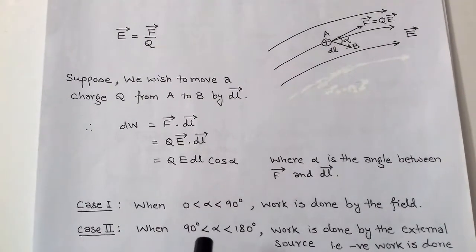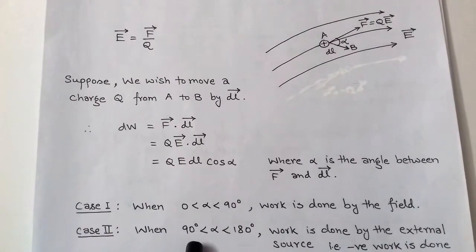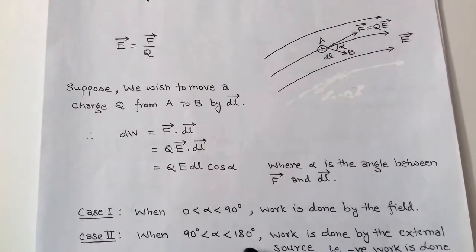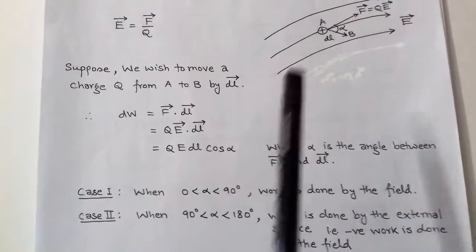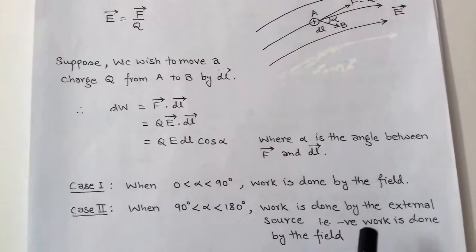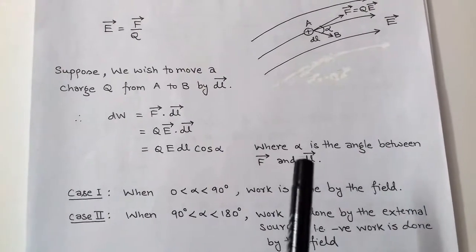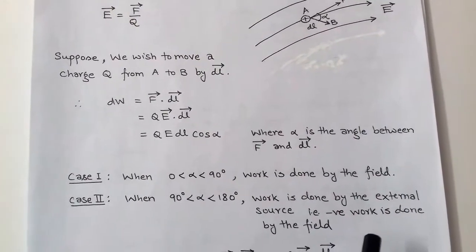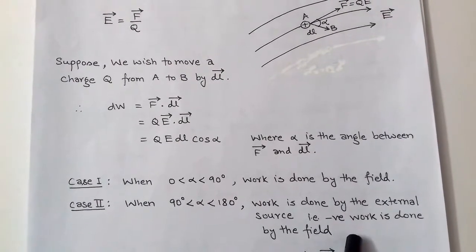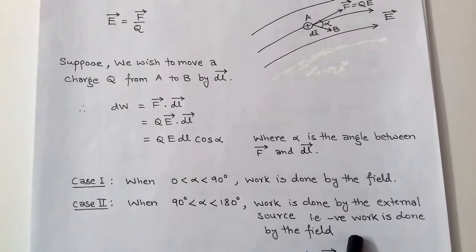Now when this angle alpha is greater than 90 degrees but less than 180 degrees, it means we require a work done against this electric field. So we require some external source to do this work against the field.